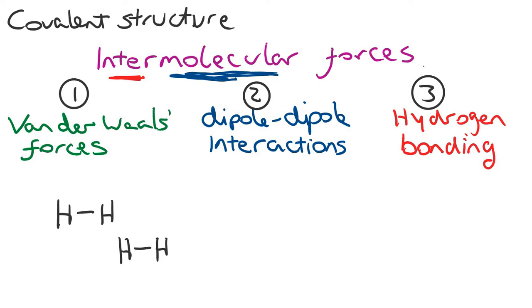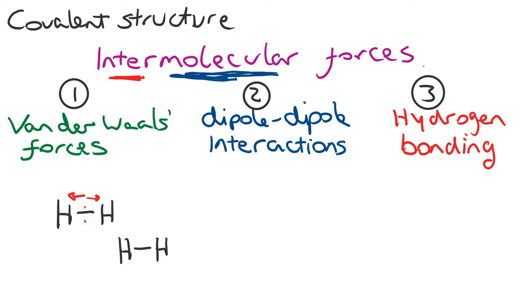We know that there are two hydrogen atoms on either side of this covalent bond. Therefore, they have the same electronegativity, so the electrons themselves tend to move randomly between the two atoms, i.e. they fluctuate between the two atoms. So that cloud of electron density just constantly fluctuates or moves.